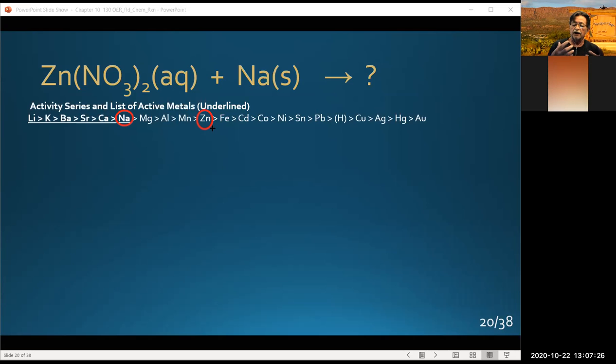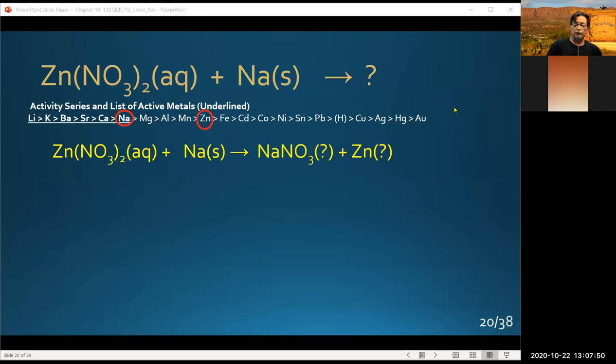Is it in an ionic form? The answer is no, because it's in elemental form. Therefore, we exchange the metals, where sodium will replace the zinc in the zinc nitrate, and zinc will become elemental zinc.